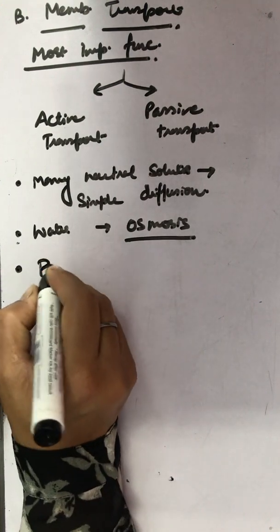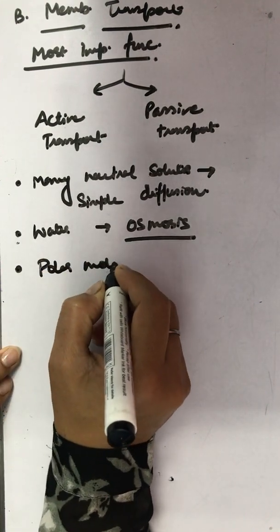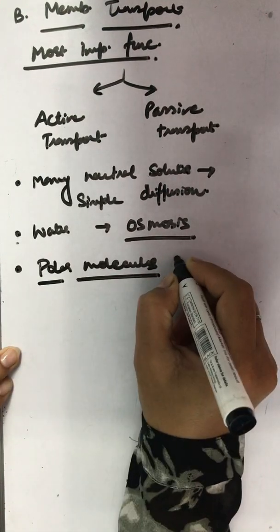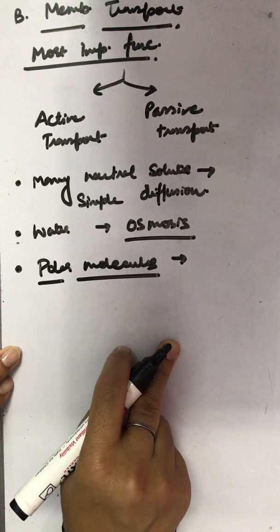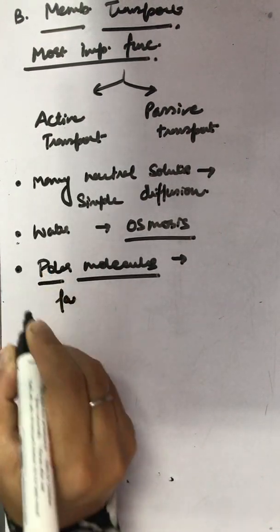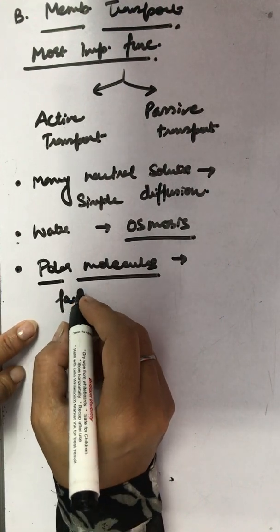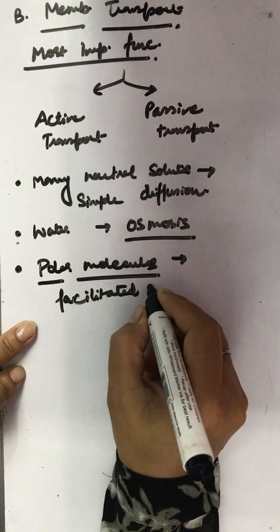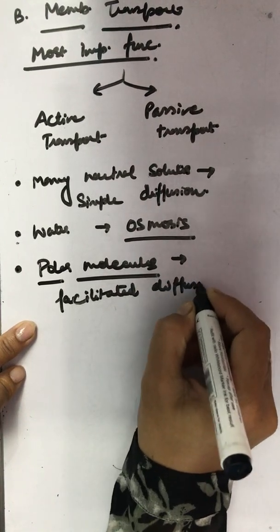Now these polar molecules which need diffusion through a facilitated way, they require a carrier protein. So certain molecules require a carrier protein for their facilitated diffusion.